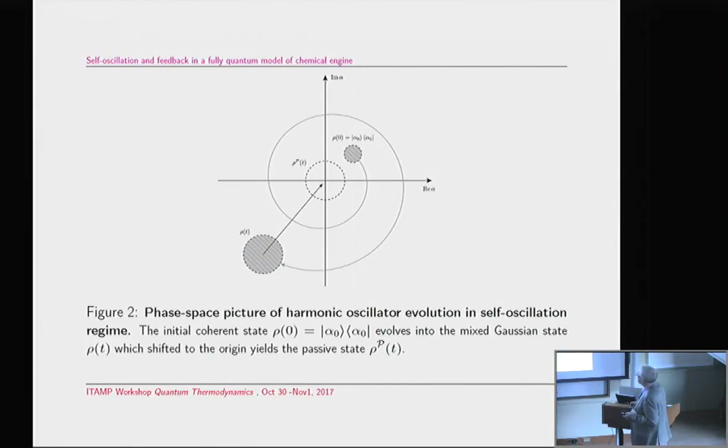But one can now compute this ergotropy, the part of energy which can be extracted from this piston as pure work. And you see that this ergotropy can be obtained very easily. We have to shift the true state to the origin and take the difference of energies between these two states. So then we get really the work admissible by some extraction procedure from the system.